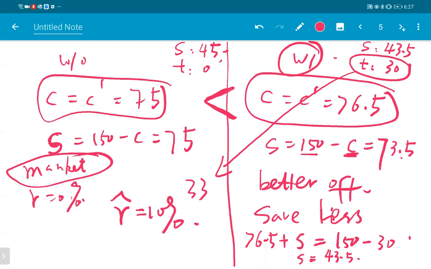So Social Security gives you a higher return compared to the market return. The market gives you a 0% return if you save, but with Social Security, because of population growth, you receive a rate of return of 10%. Question? So that is why everyone benefits from this Social Security.